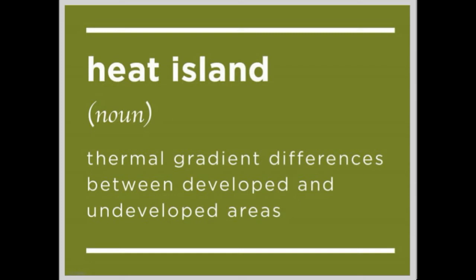What exactly is the heat island effect? A heat island is defined as a dark, non-reflective surface used for parking, roads, roofs, walkways, and other hardscapes that absorb the sun's warmth and radiate heat, creating a heat island. Urban areas can have a temperature of 1.8 degrees to 5.4 degrees Fahrenheit, or 1 degree to 3 degrees Celsius, warmer than the surrounding suburban and undeveloped areas, and as much as 22 degrees Fahrenheit or 12 degrees Celsius warmer in the evenings.